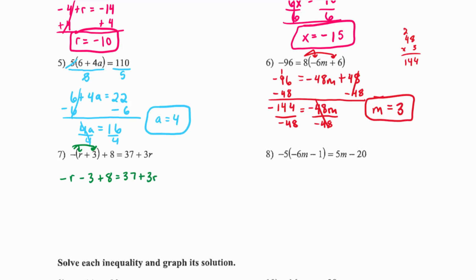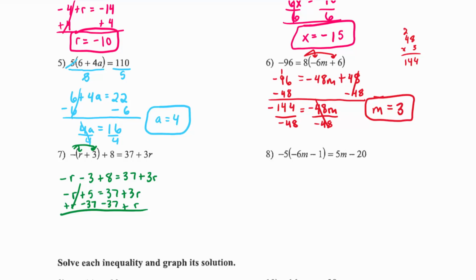So it would turn into this, and then we could say -3 plus 8 is 5. And then we could do, it doesn't matter which direction you go. I like to make things as positive as possible in math and in life. And so I would therefore add the r over.